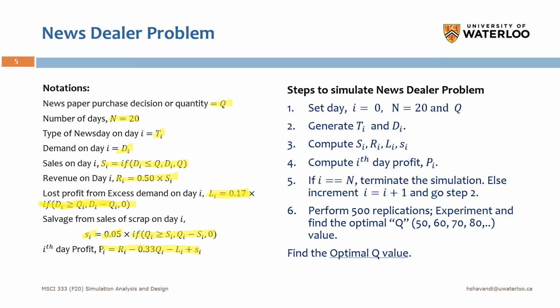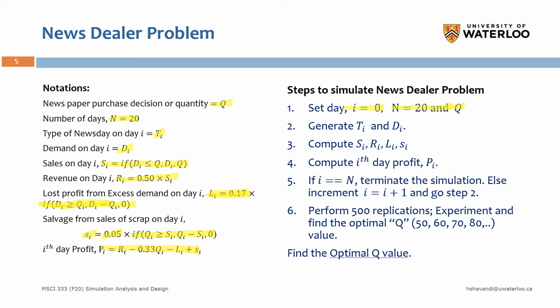And these are the steps to simulate this newsvendor problem. At first, we initialize i by having i equals 0. So we start from 0, and N will be 20, and Q. So this is where I asked you to think about how we are going to optimize the order quantity.